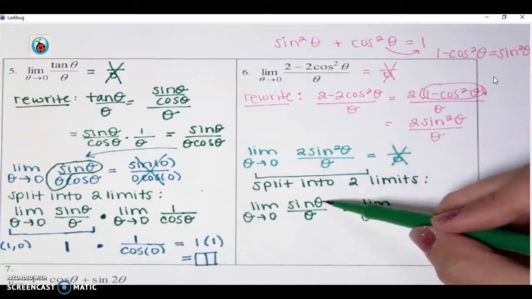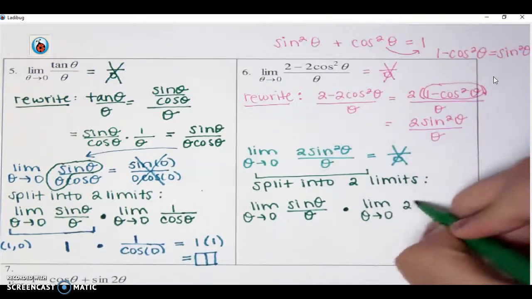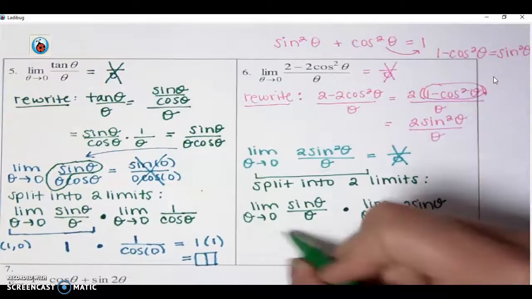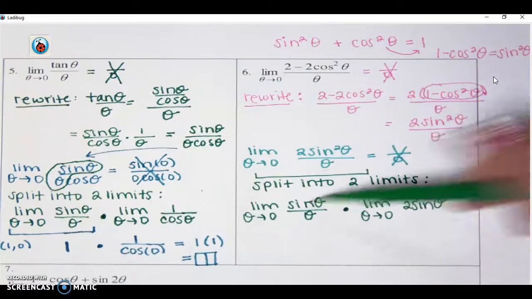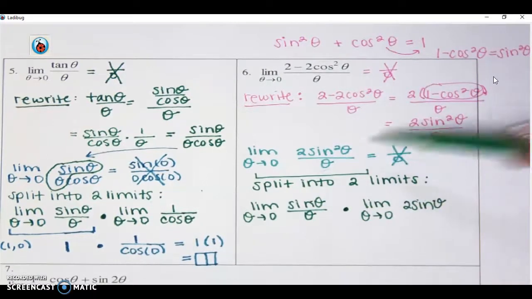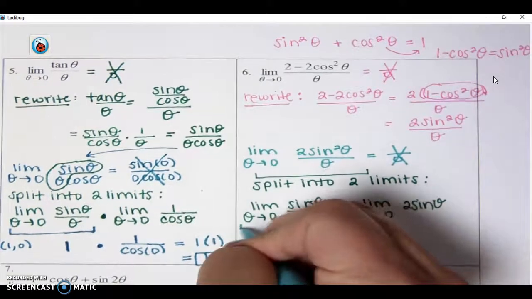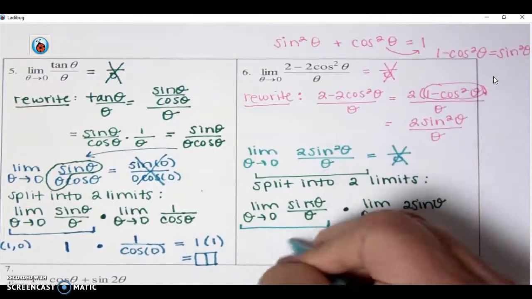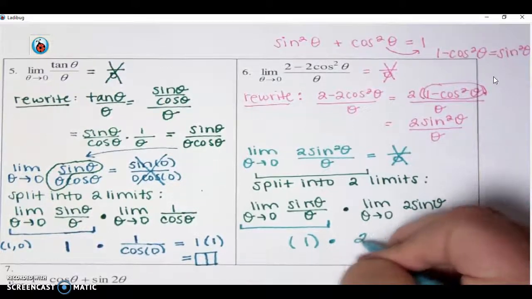Because I took one sine out in the numerator, I'll still have 2 sine left in the numerator. And I've already gotten rid of the denominator, so there's no denominator over here. Okay, as long as when you multiply these two things together, you end up with what you have. So then we know that the limit as theta approaches 0 of sine theta over theta is 1. And then we can use direct substitution over here.